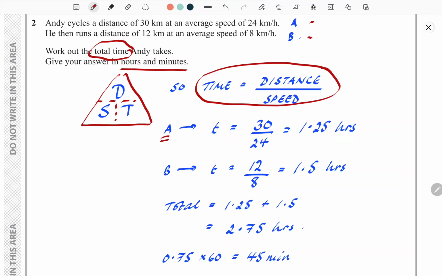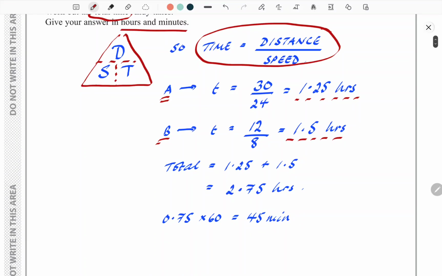So for part A, the time equals 30 kilometers traveled over 24 kilometers per hour, all right? That gives us 1.25 hours. We're going to leave it in decimals for now and then tidy it up at the end. Part B, the run of 12 kilometers. So that's 12 kilometers divided by 8 kilometers per hour, and that gives 1.5 hours.